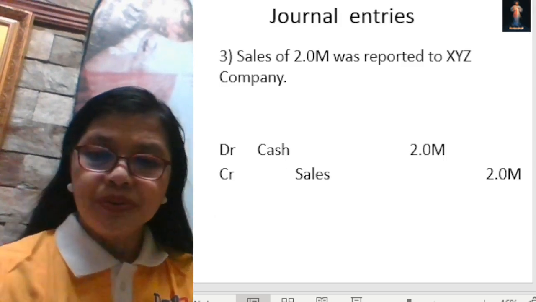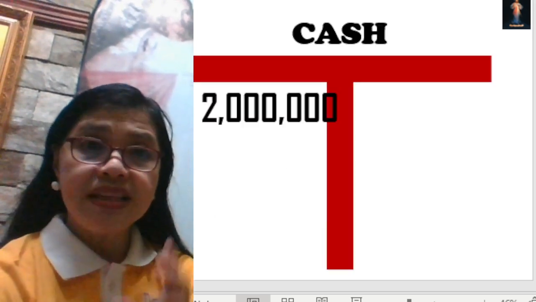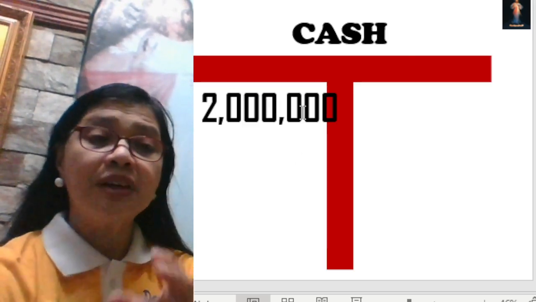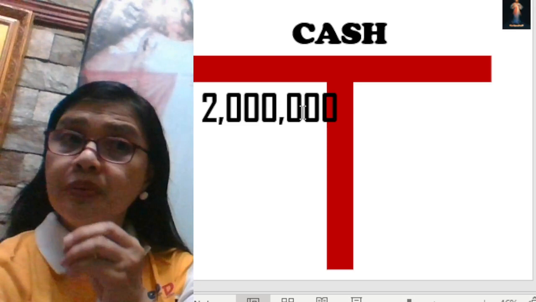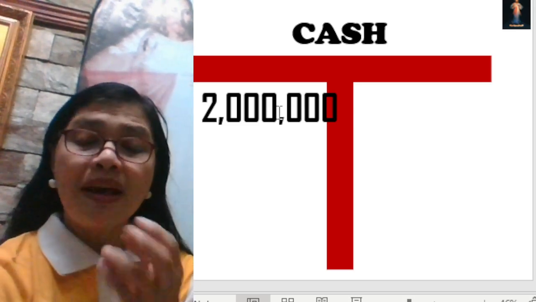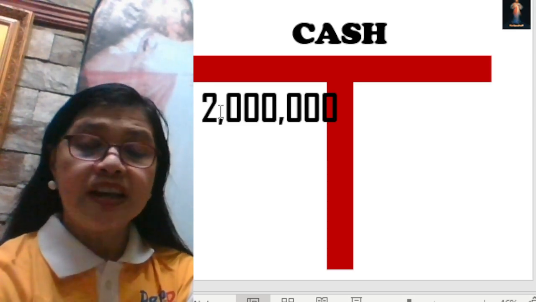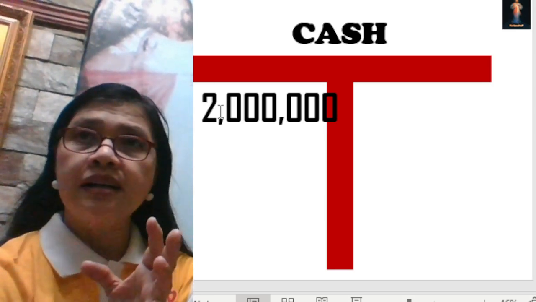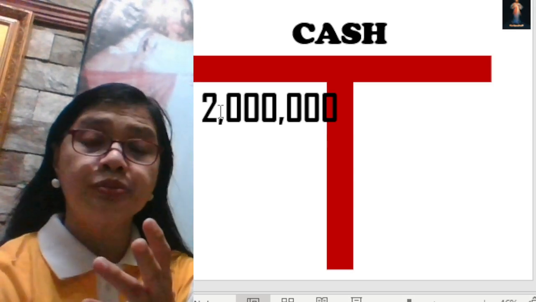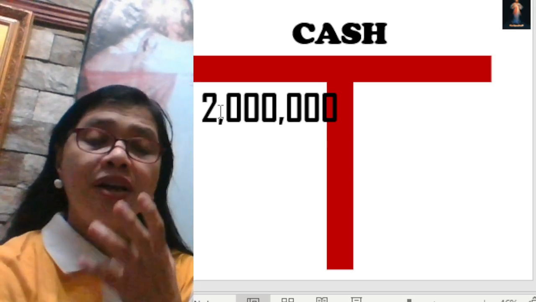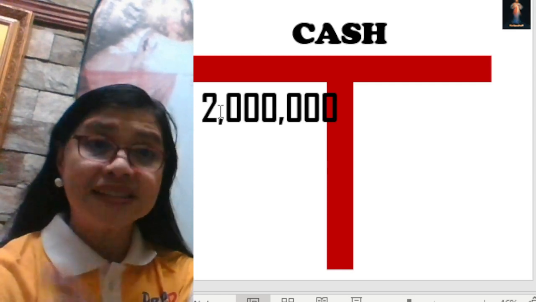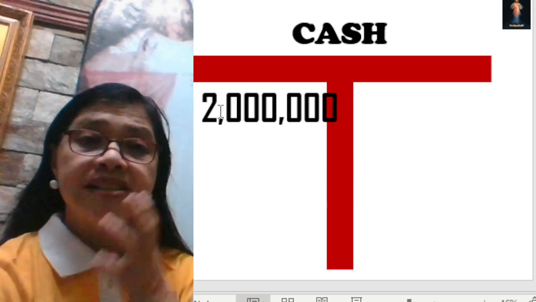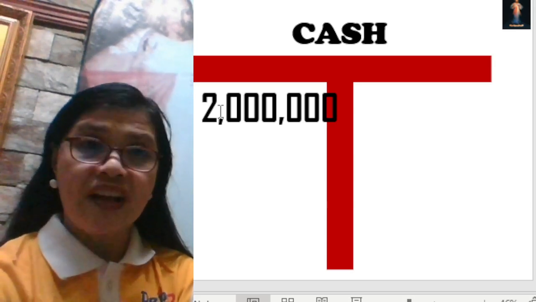Okay. So again, you will prepare the T account, cash. Why did you debit the 2,000 cash? Because when you recognize the sales, automatically you receive cash. Okay, when the problem is silent without stating that these were customers who borrowed from you, then you assume it to be cash. Since the problem is silent, then it tells us that the sales are all in the form of cash.